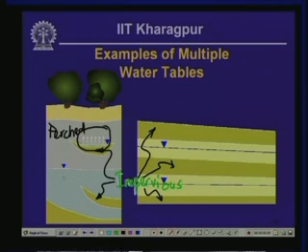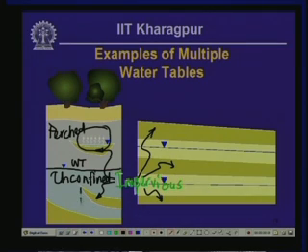You can have another groundwater which is exposed like that, which has a surface below the surface of the zone of saturation or water table like that. So that is called an unconfined aquifer actually. So this one is an unconfined aquifer.